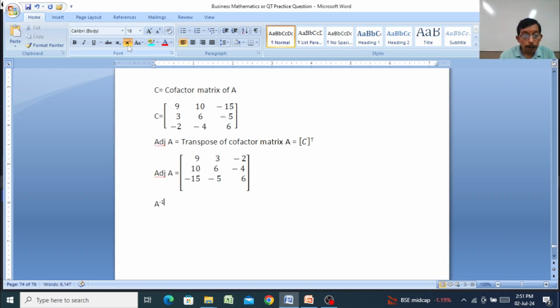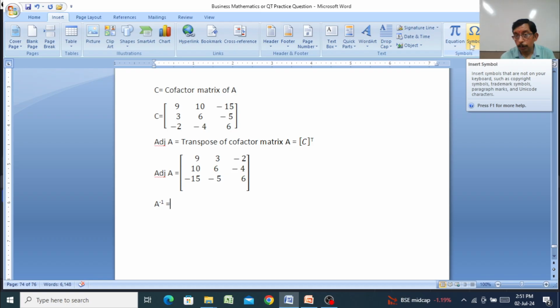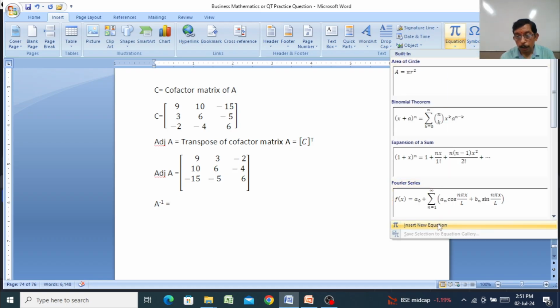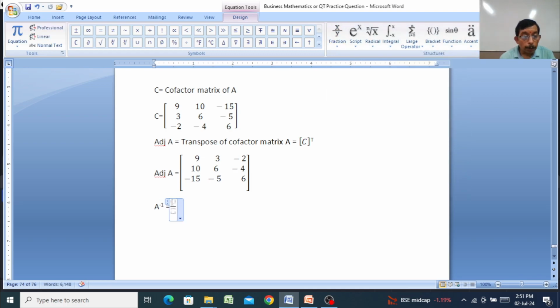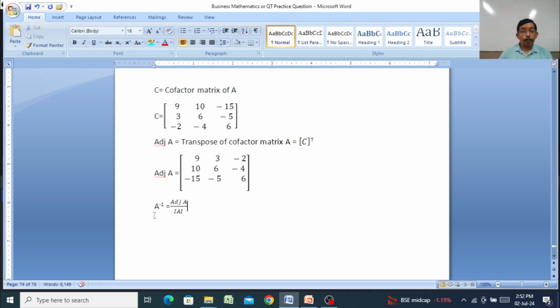A inverse is equal to adjoint A upon determinant of A. Now put the value of adjoint A and determinant value of A in the next step.